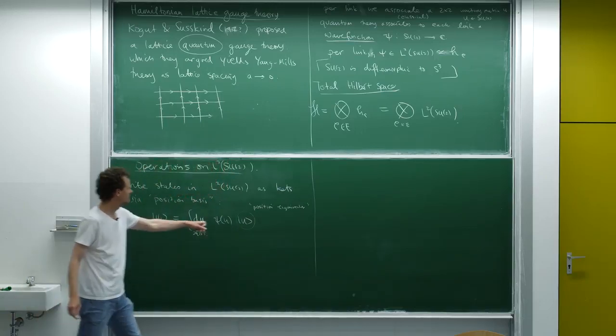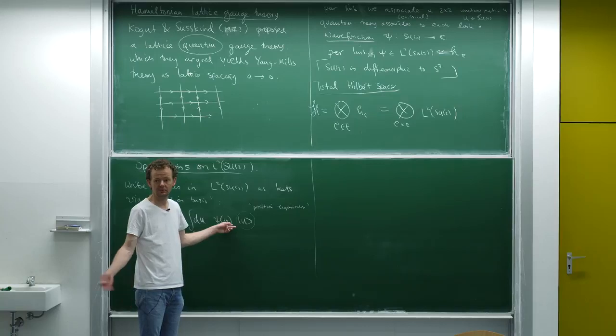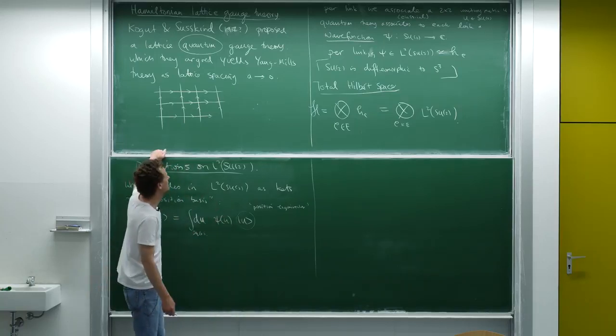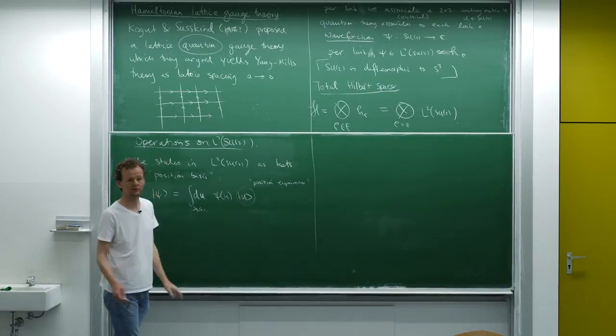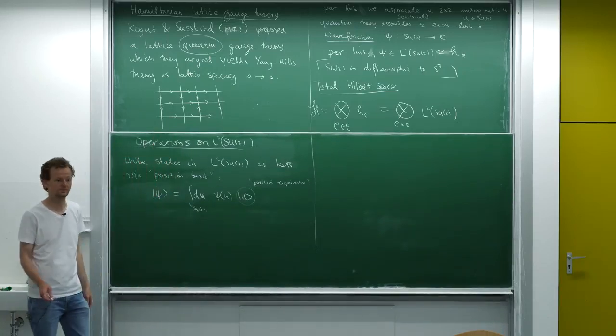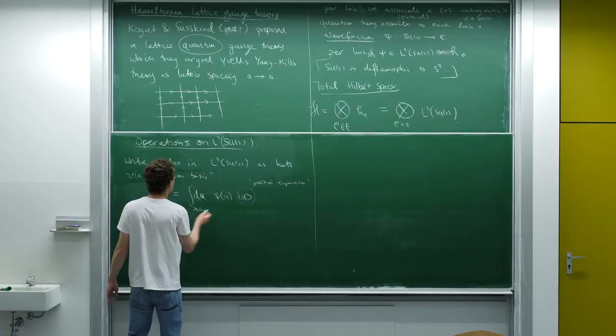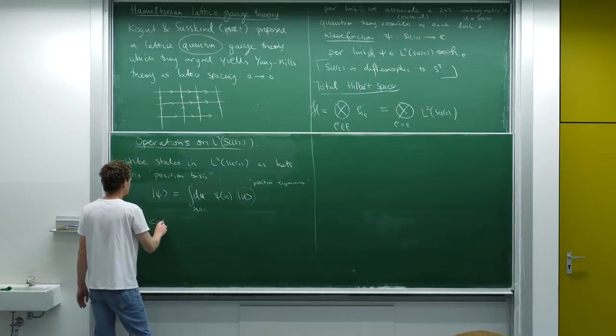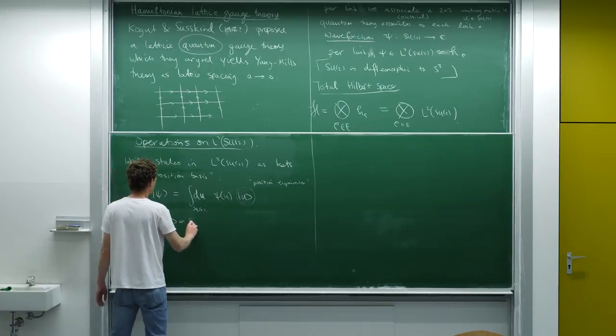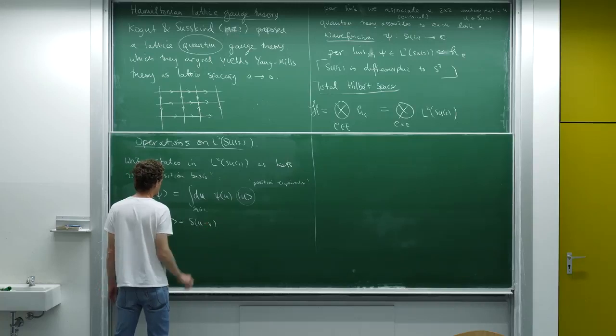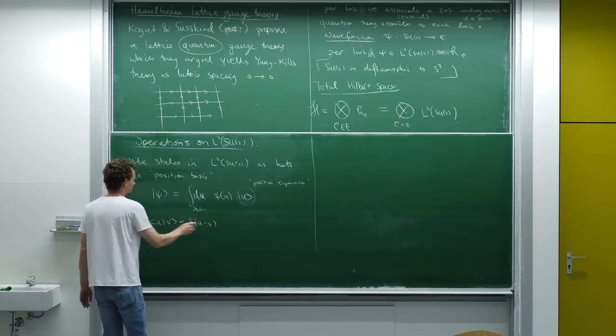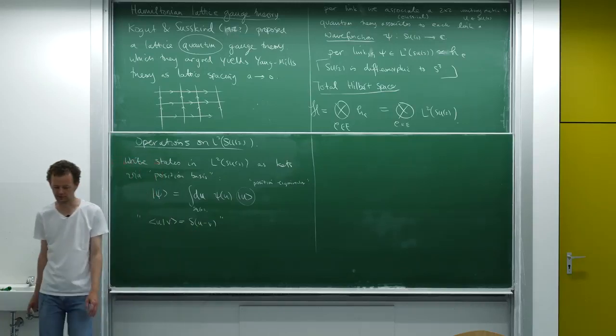Now, for us, u is not an element of the real line. U is an element of SU2, which I've told you is the same as an element of the 3 sphere. So you just need to know 3 coordinates, and then you know what u is. And we're going to define this position basis just with a Dirac delta function, right? I'll put scare quotes around it because it's not strictly correct.